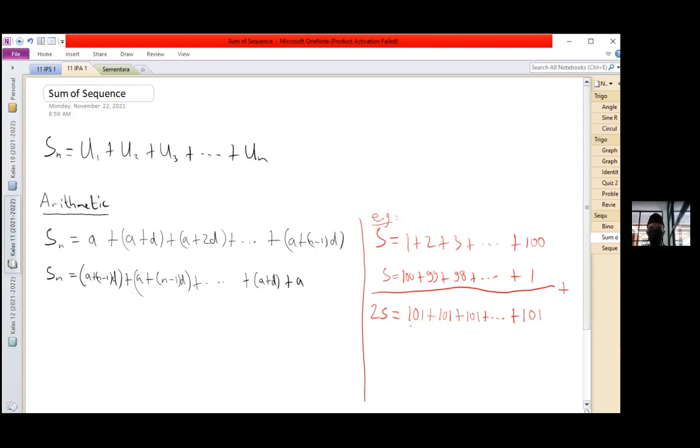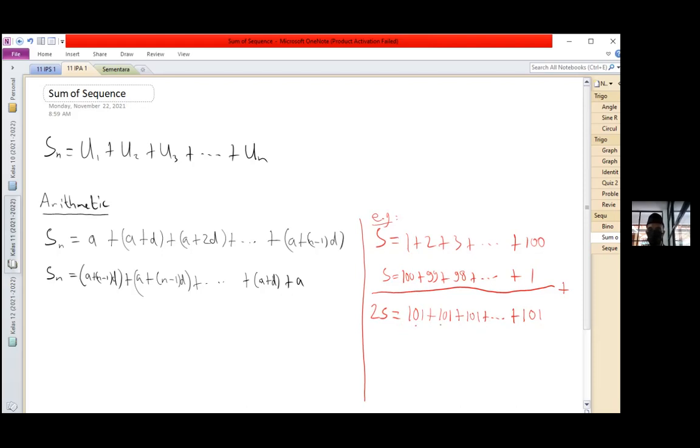So what is this? Let's look at this. Everything is 101, and we have 100 terms, from 1 to 100, right? 1, 2, 3, and so on until 100.